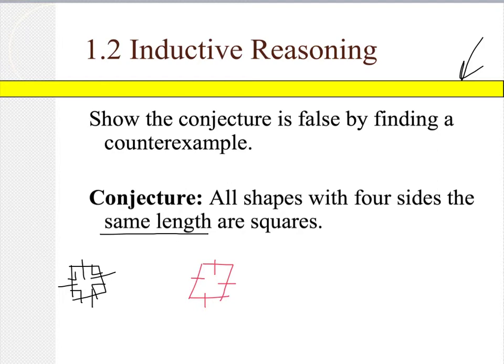Each one of those sides are the exact same, but notice the angles are not the exact same. Because of that, it is not a square. So I have all four sides the same length, the angles are not, so that is my counterexample. It's going to be a rhombus.